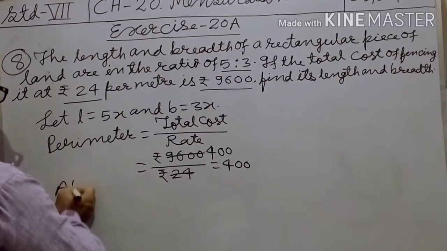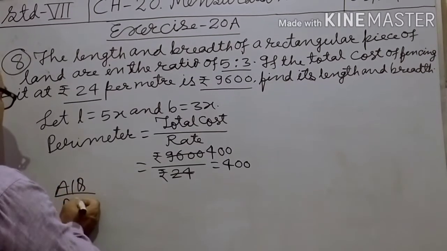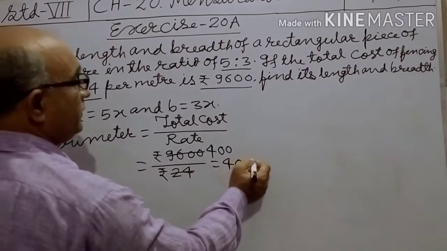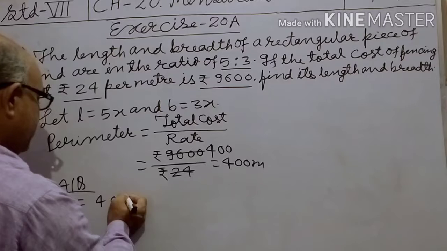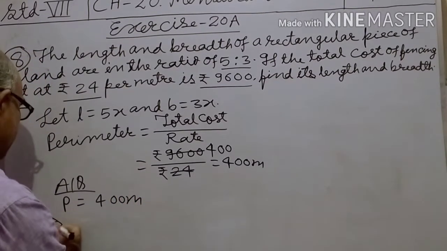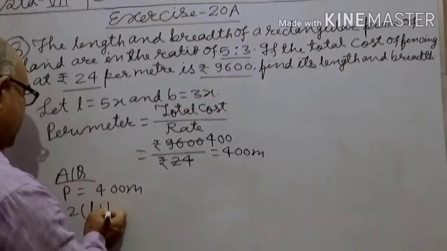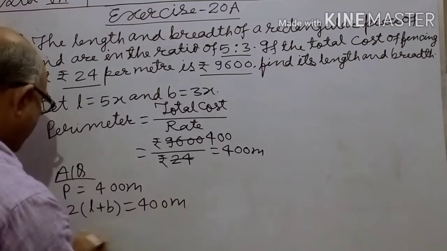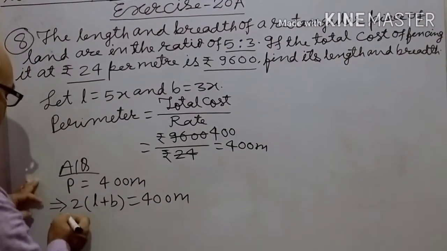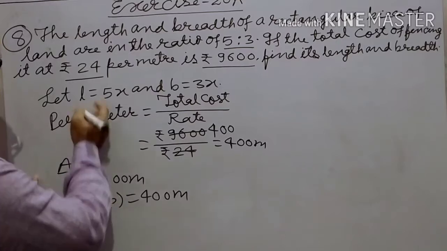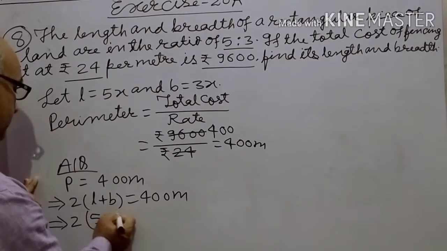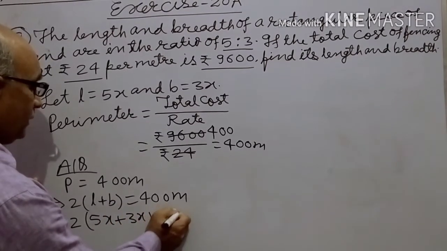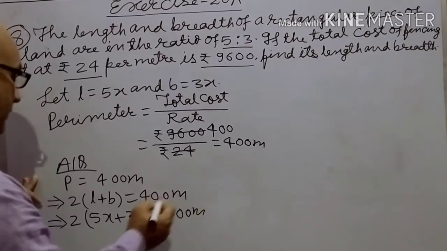According to the question, P equal to 400 meter. That implies 2 into (L plus B) equal to 400 meter. That implies 2 into (L 5x and B 3x) equal to 400 meter.